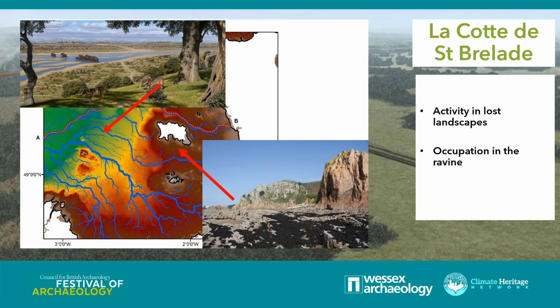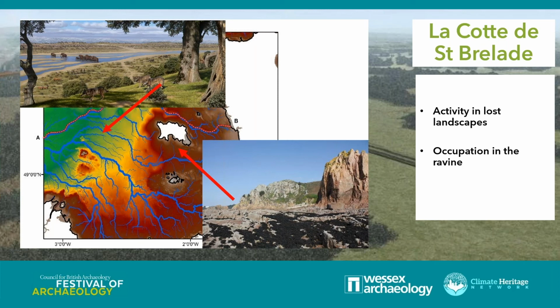And interestingly, what we can see through the archaeology from Lakota is that a lot of the archaeology reflects human activity in a different landscape than the site itself. The site itself is this granite hard bedrock landscape, whereas offshore you get different geologies, including Cretaceous geologies where you get flint.